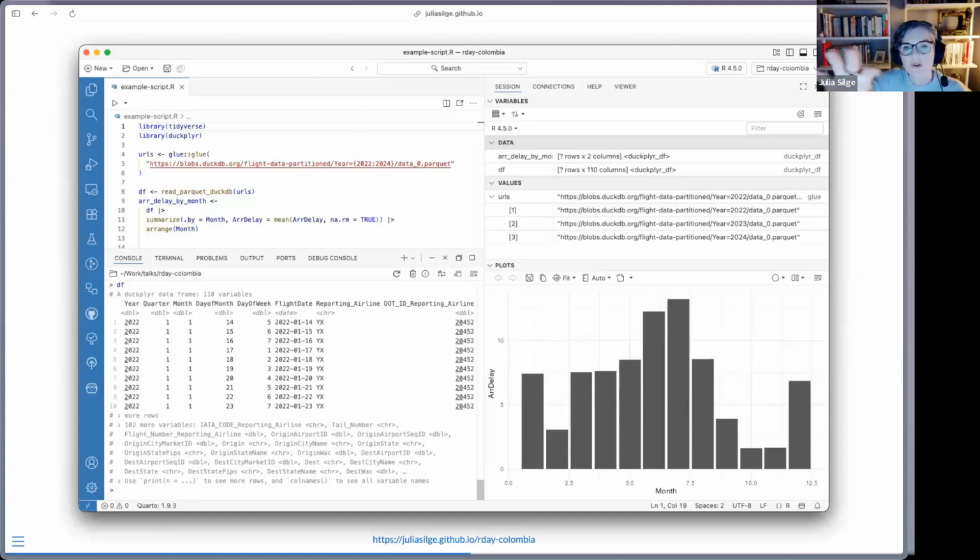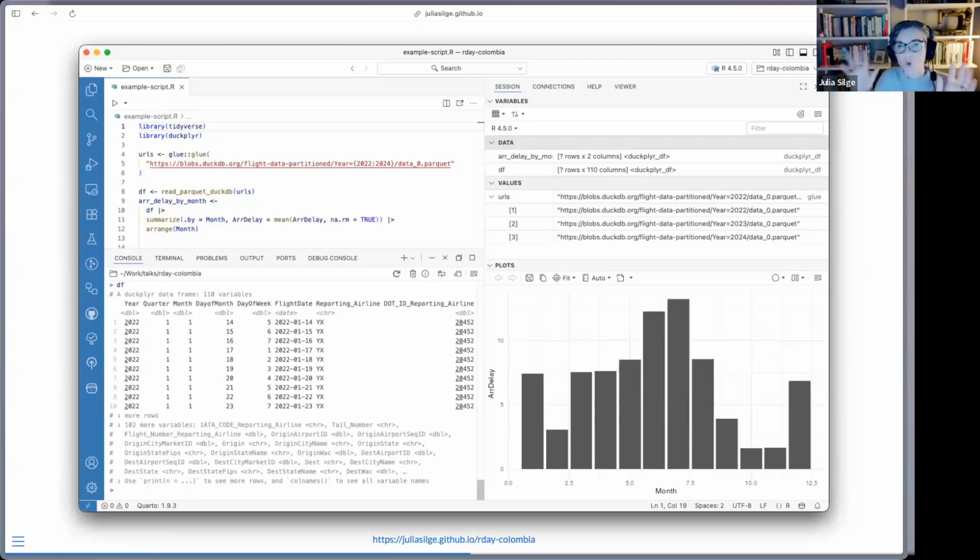And then if you look over in the variables pane, you also see where it says question mark rows by 2 columns, question mark rows by 110 columns. That's because R knows this is a data frame, but it doesn't yet know how many rows are in it because we have not brought the whole thing into memory.